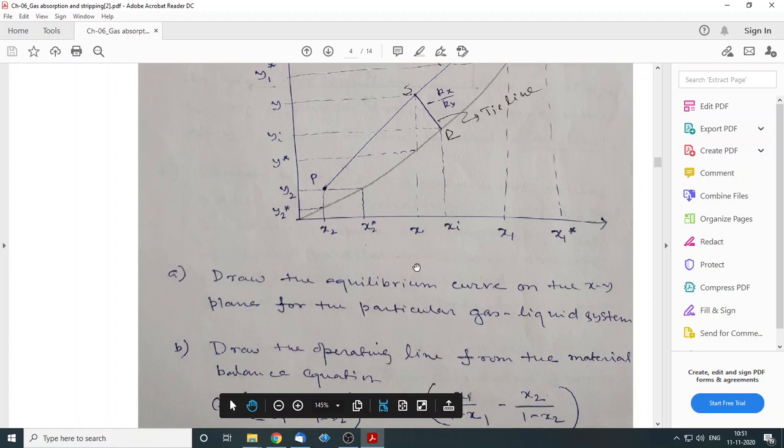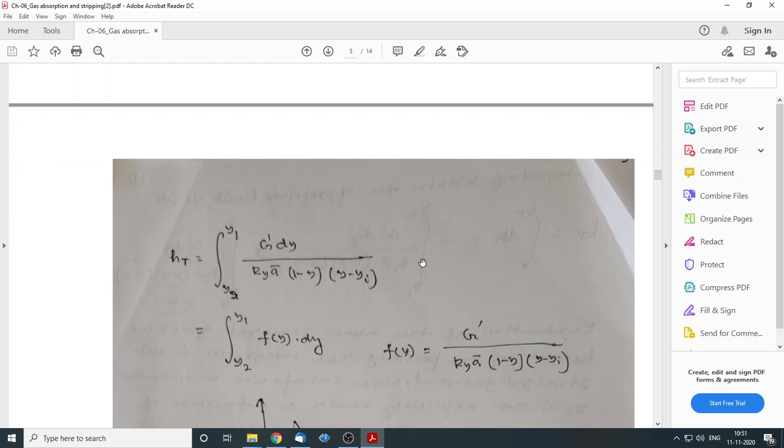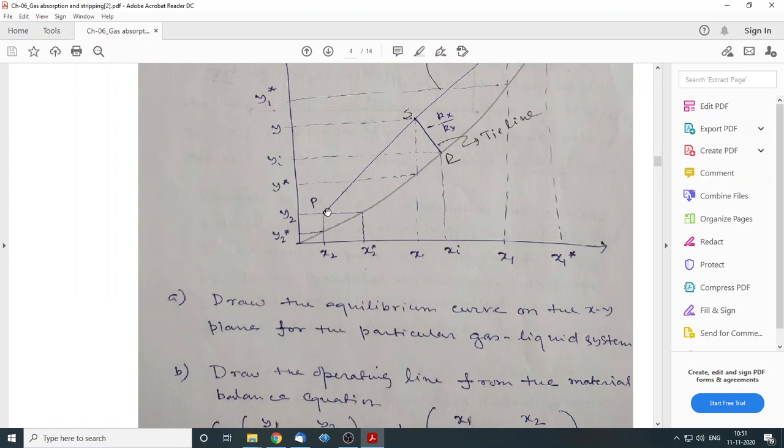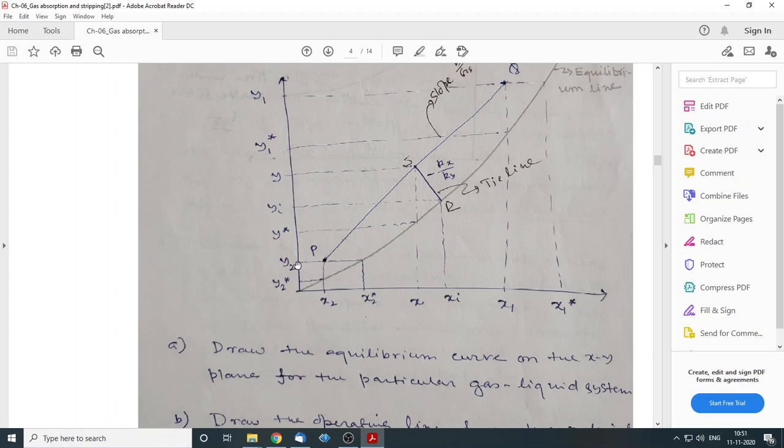Once I do this, for each y point, with y1 and y2 known, I will calculate yi through this.